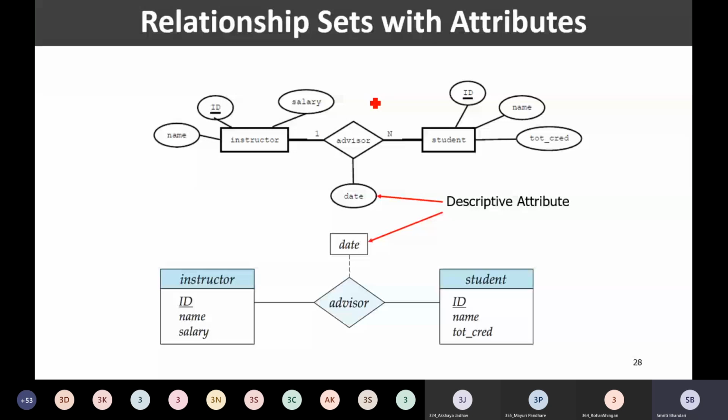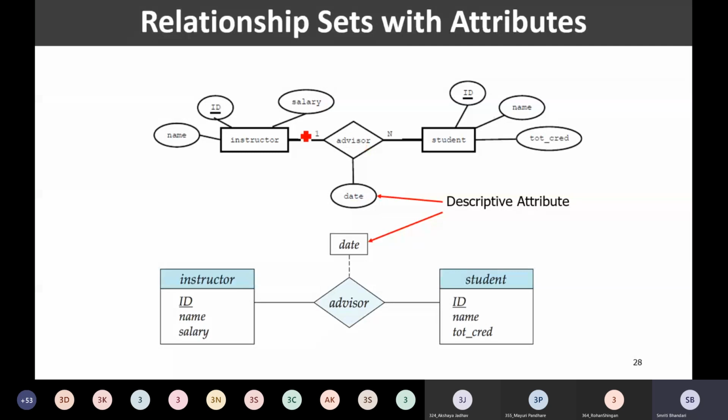Whenever we are depicting any relationship set in the ER model, by default this relationship set is having attributes that are actually the primary keys of the participating entity sets. Meaning, for this advisor relationship, which two entity sets are participating? Instructor and student.